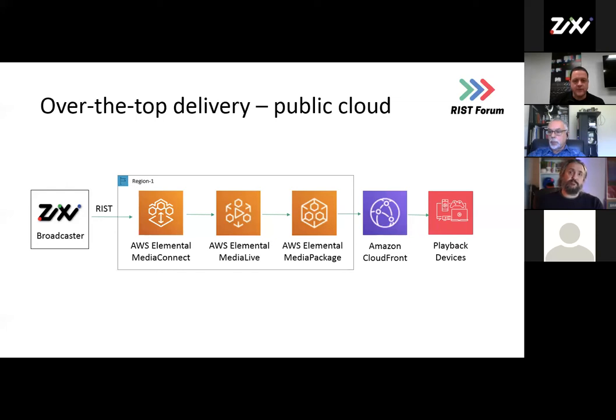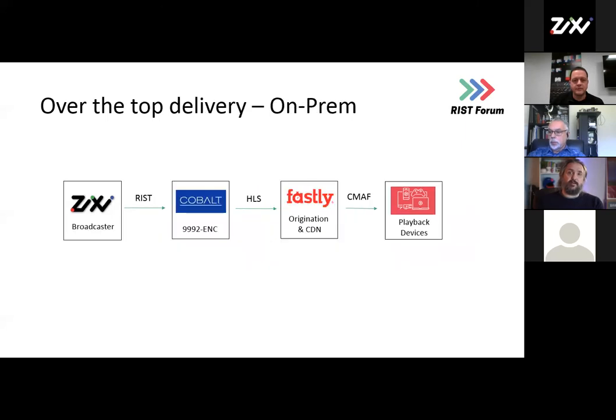So yes, there's definitely more complexity on the contribution side than what we show here, but at the end of the day, you need to get your final program feed into an OTT workflow. Exactly.